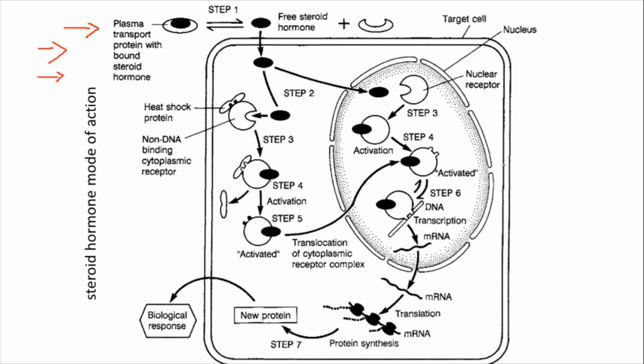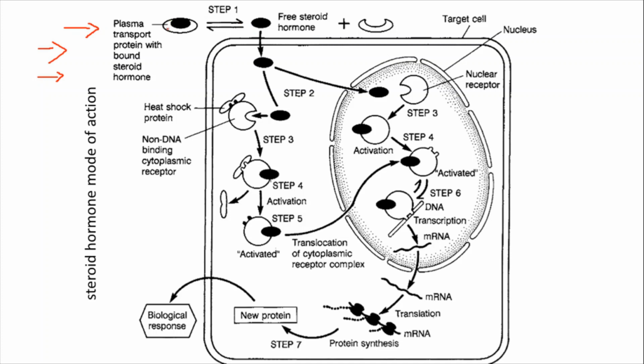The testis is made up of Leydig cells. The Leydig cells support the production of sperm by the process called spermatogenesis. The male sex hormone binds to the Leydig cell surface.